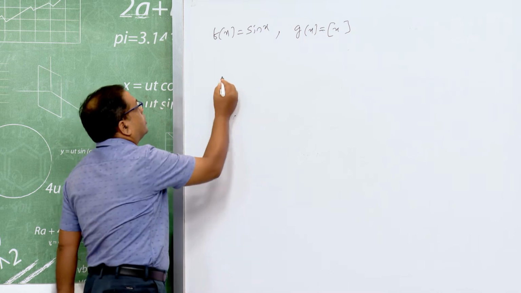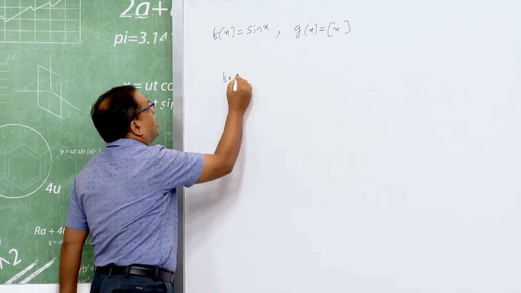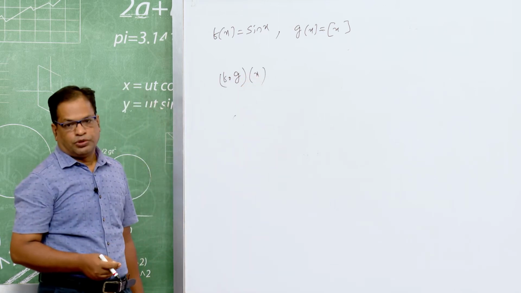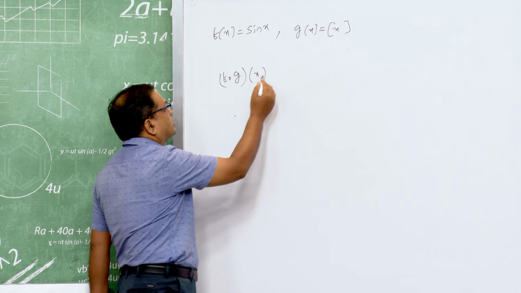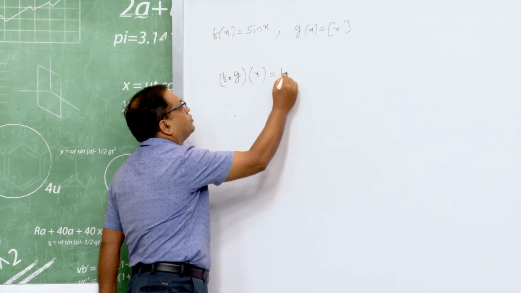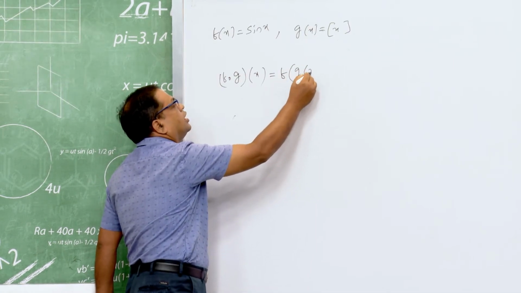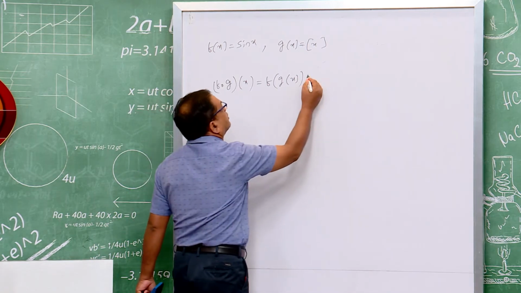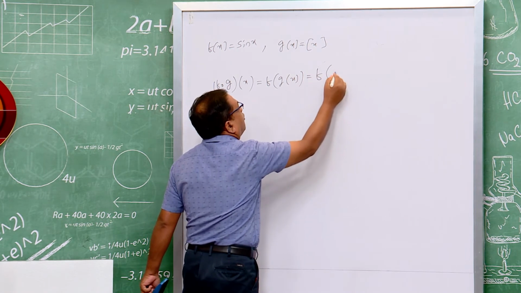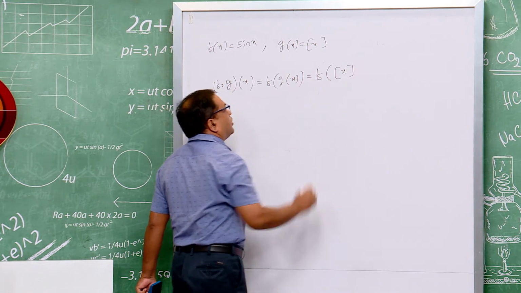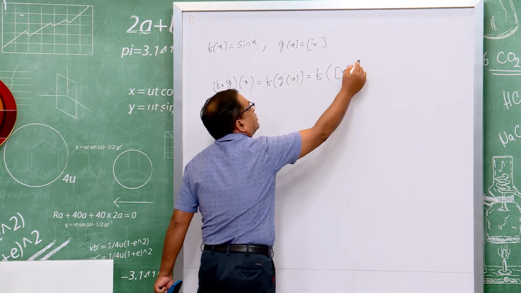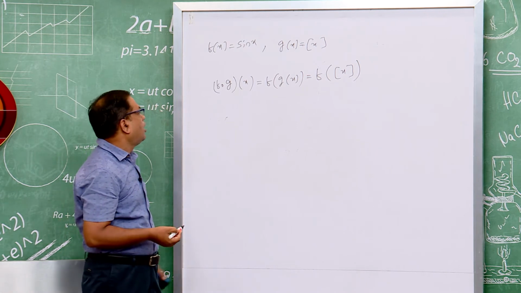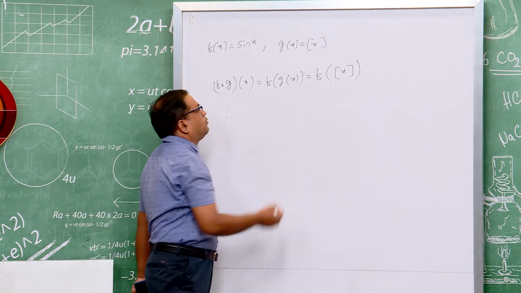So, we will compute f composition g of x and g composition f of x. By definition, f composition g of x will be equal to f of g(x). What is g(x)? g(x) is bracket of x, that is given g(x) is equal to bracket of x. Now, how will we calculate f of bracket of x?